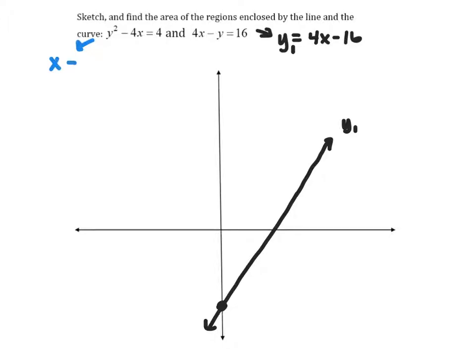So that would be x equals, well, let's go with negative 4x equals 4 minus y squared. And when I divide by that negative 4, I get negative 1 plus y squared over 4.